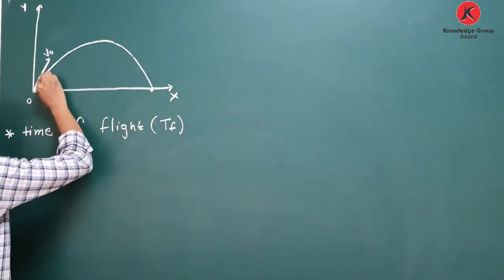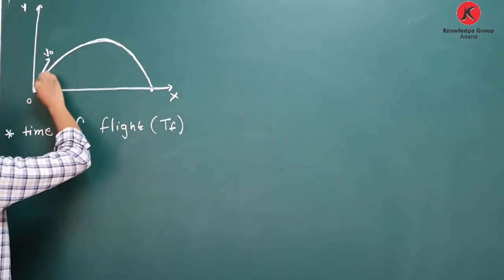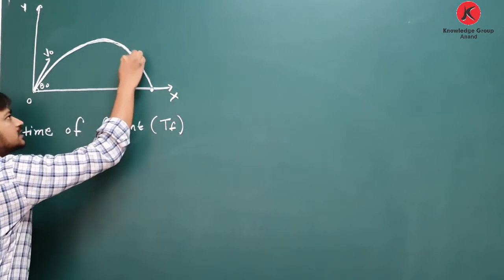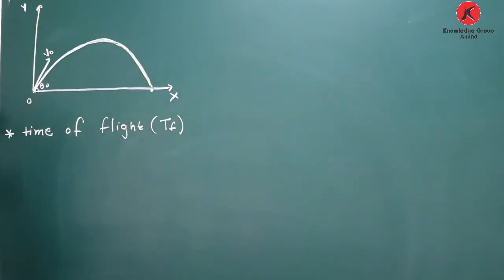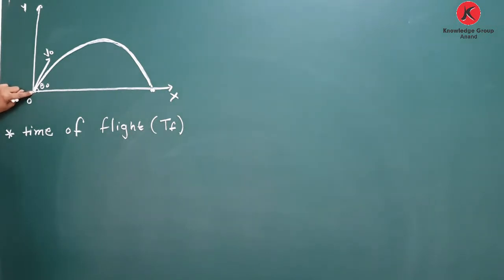Means during its journey, whatever time it takes is called the time of flight. So see, at time t is equal to 0, the object is starting from this point. At this time, it will again hit the ground.